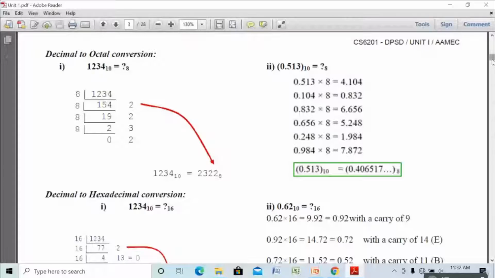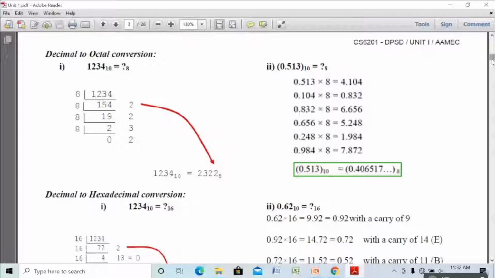2, 3, 2, 2. In a similar way, in the fractional part, we have to multiply the fraction by 8 because the octal base is 8. Multiplying with 8, we get 4.104. Keep the whole number on the right side: 4, here 0, 6, 5, 1, 7.